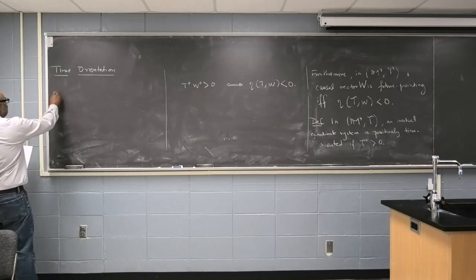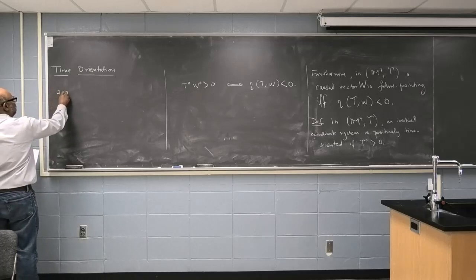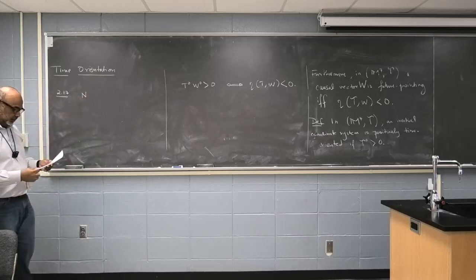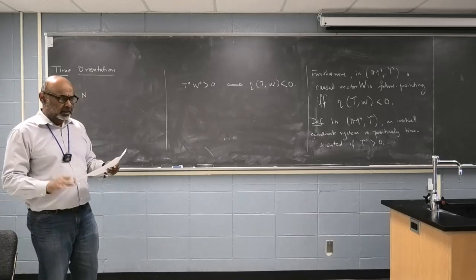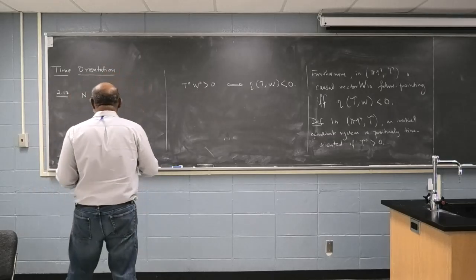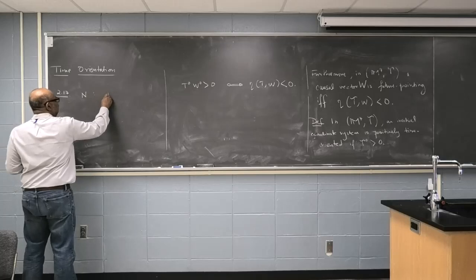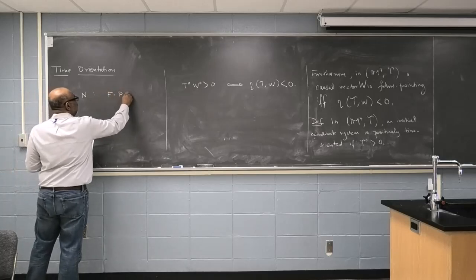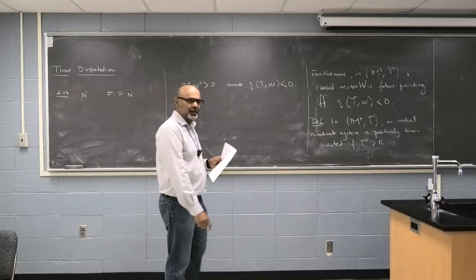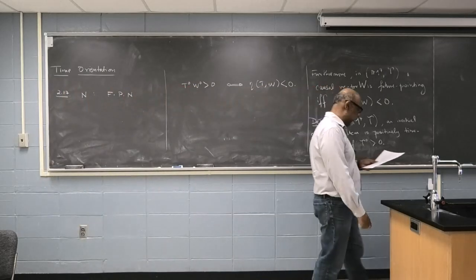I hope the numbers haven't changed, but I think it's problem 217. So I pick a light-like vector field N. It's continuous. It's a null vector field. And let this be FPN. What does that mean? Future pointing null vector field.